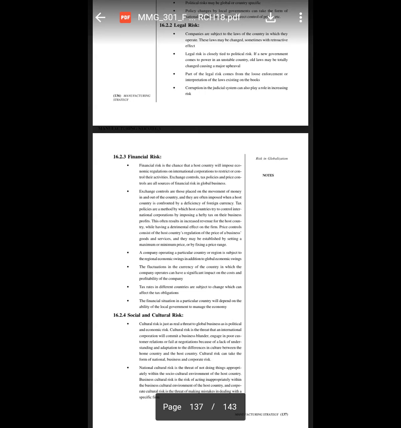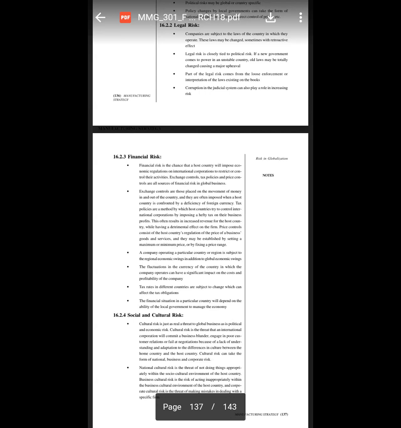When you are doing transactions with a globalized country, in international trade, you need to follow the rules and regulations of that country, because you are importing the goods to them. So whatever the trade and tariffs, whatever the barriers to entry there are, you need to fulfill those barriers.